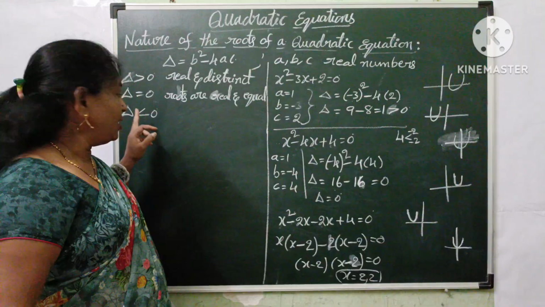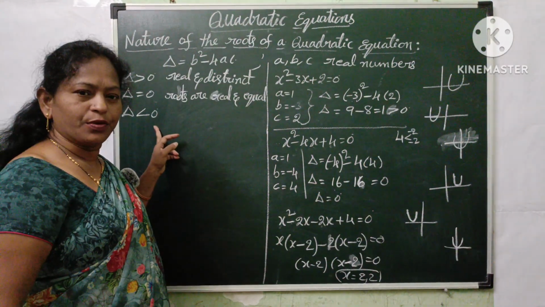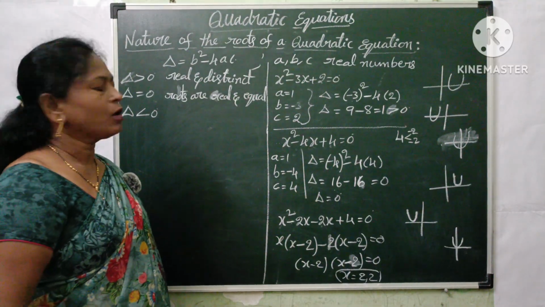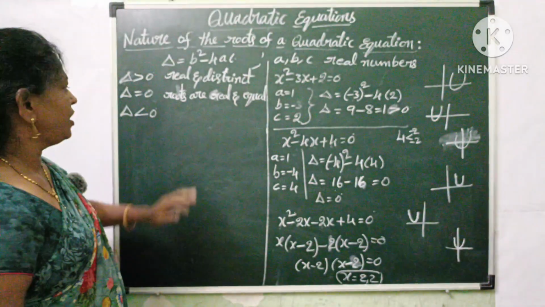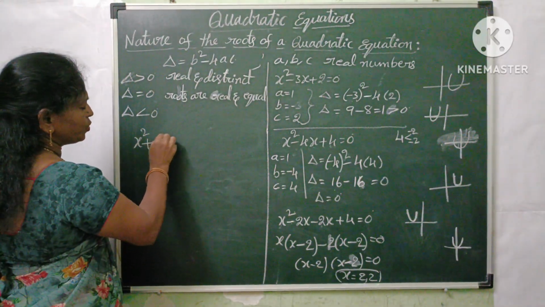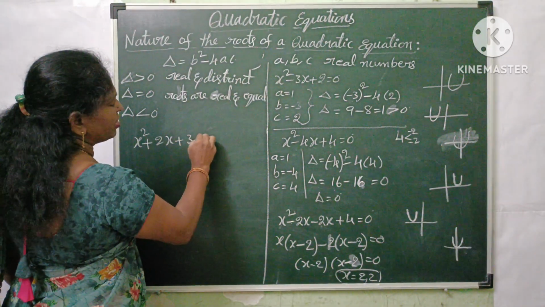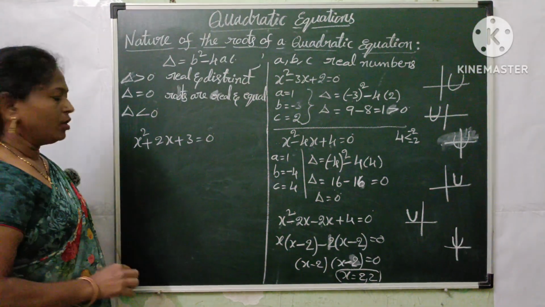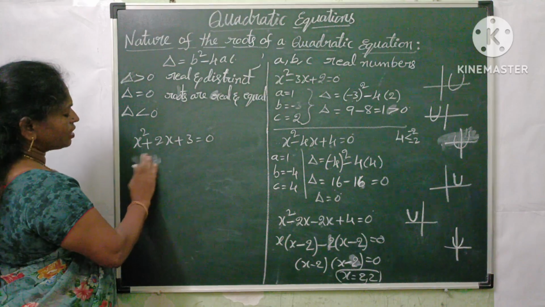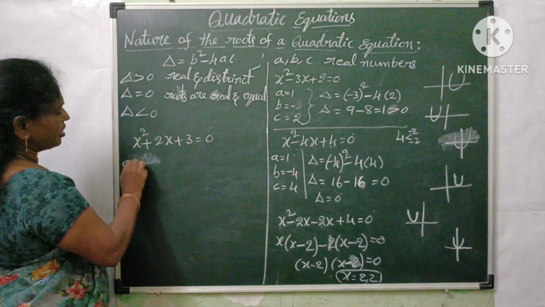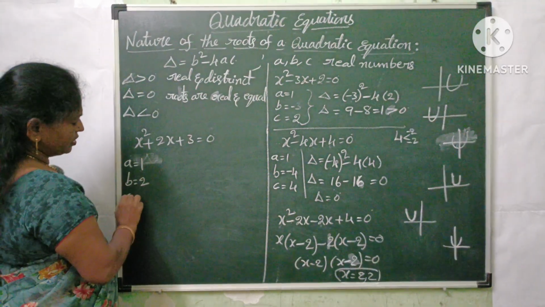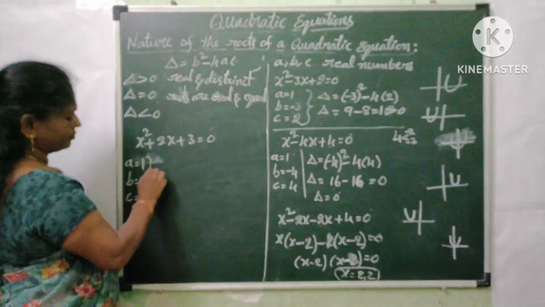Okay. Next, delta less than 0. When delta is less than 0, the roots are non-real, complex and conjugate to each other. So let us see one example here: x square plus 2x plus 3 equal to 0. Now discriminant delta equal to b square minus 4ac. Here a equal to the x square coefficient 1, b equal to the x coefficient 2, c equal to the constant term 3.